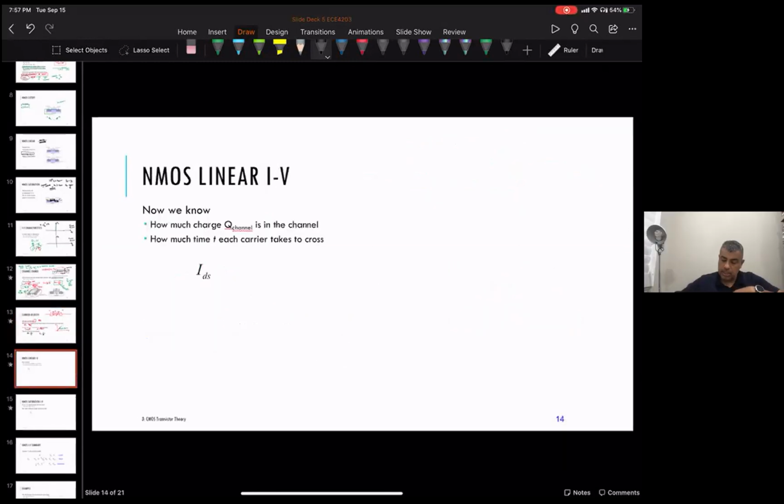Now let's look at the current versus voltage characteristics. So we know the charge. Sorry, guys, just give me one second here.